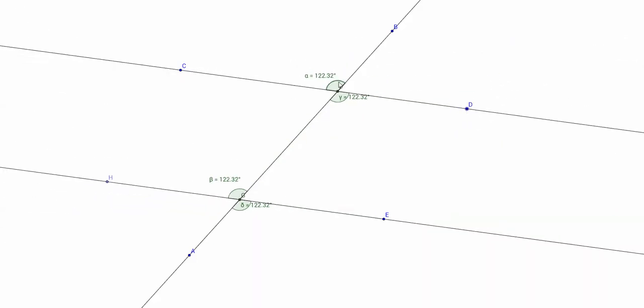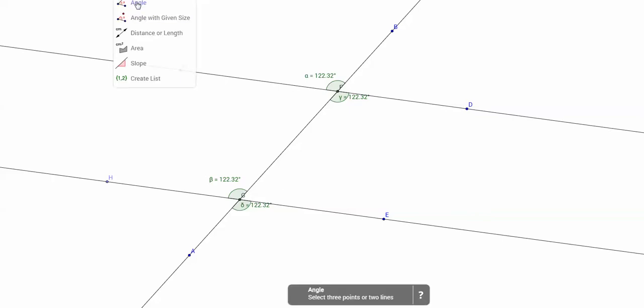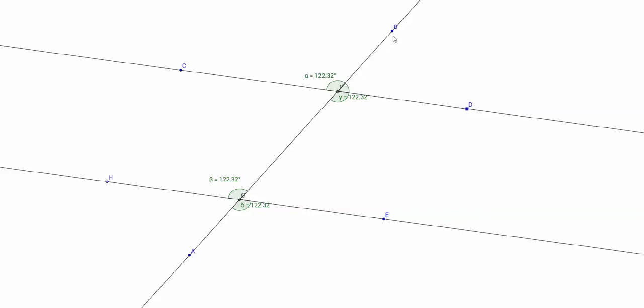So that means corresponding angles are congruent, and the alternate interior angles, like this one and this one, and alternate exterior angles are congruent. But what about these other four angles? Well, if you measure those, that gives me 57.68. Now I'm going to measure EGF. That's 57.68.